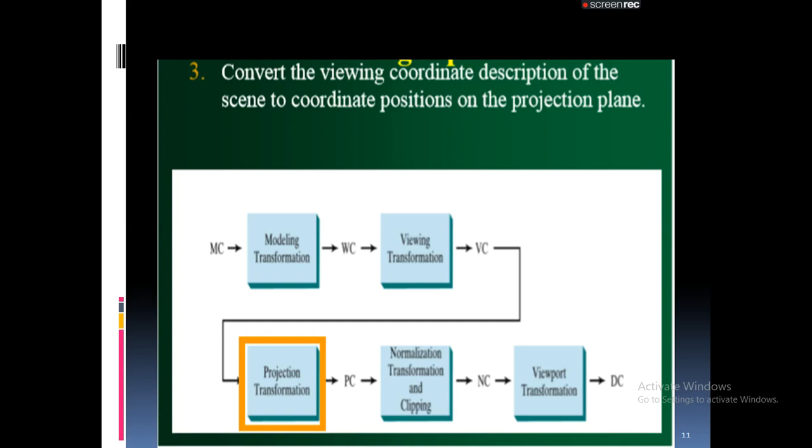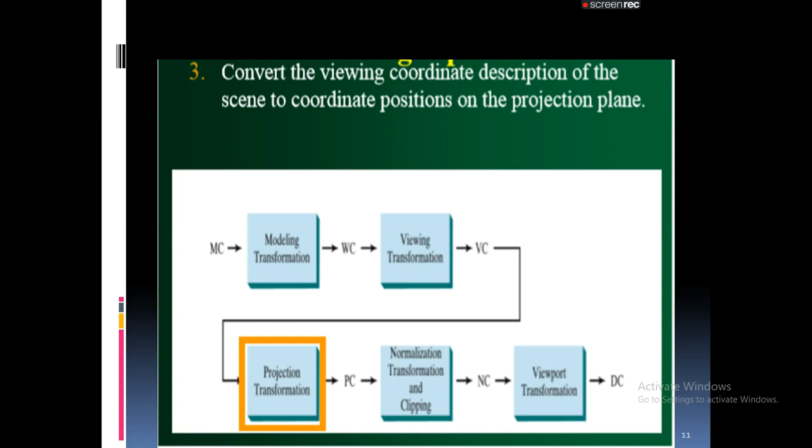Projection mapping was missing in two-dimensional viewing, but in three-dimensional viewing, here I have written the third point clearly: convert, meaning map, the viewing coordinate description of the object to coordinate positions on the projection plane.